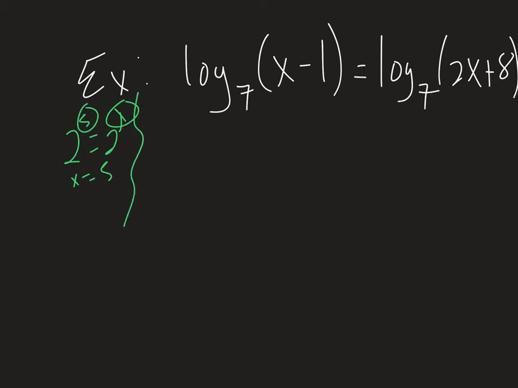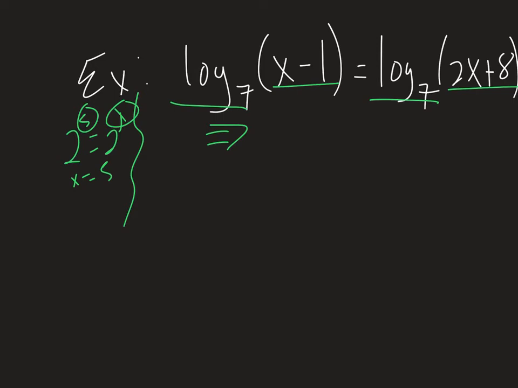We have log base 7 of some stuff equals log base 7 of some other stuff. I have the same function, different inputs, and the outputs are equal. The only way that can be true is if these two expressions I've underlined are equal. So I can, in essence, drop the logarithms.